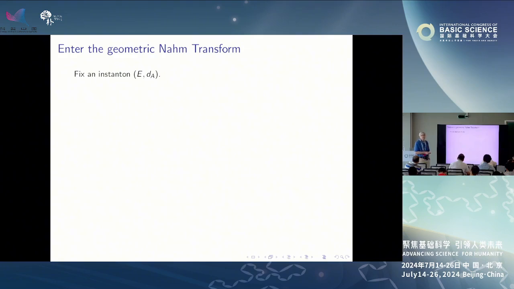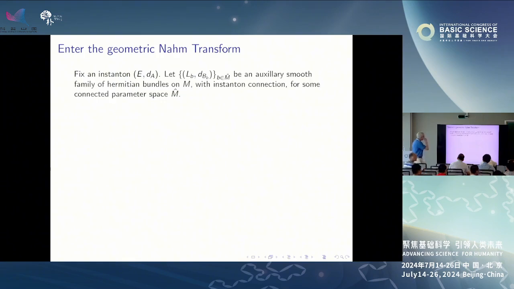This is geometric analysis, so the topology becomes trivial. And so we'll let L_B be the auxiliary family of Hermitian bundles. I said typically of a simpler structure, and D_B is going to be a connection, where B is in some parameter space M hat.